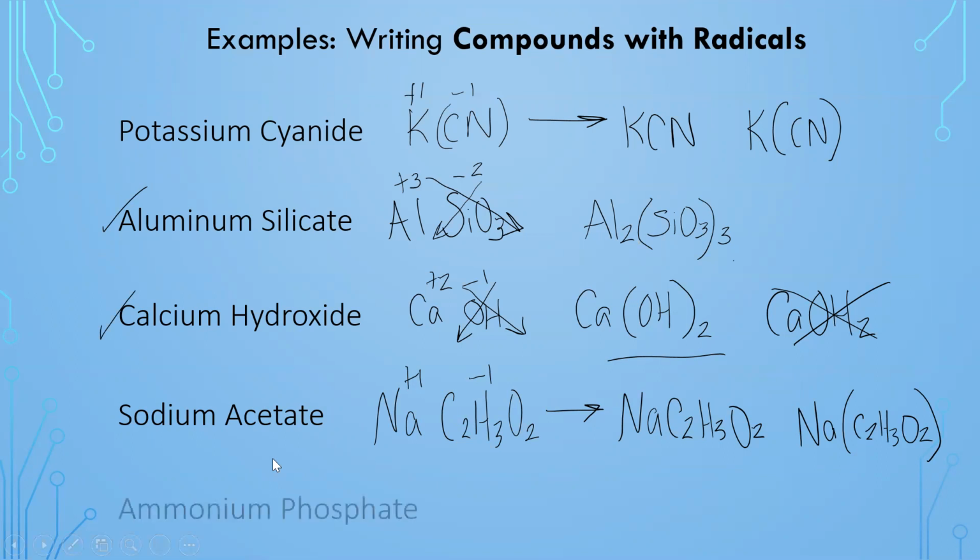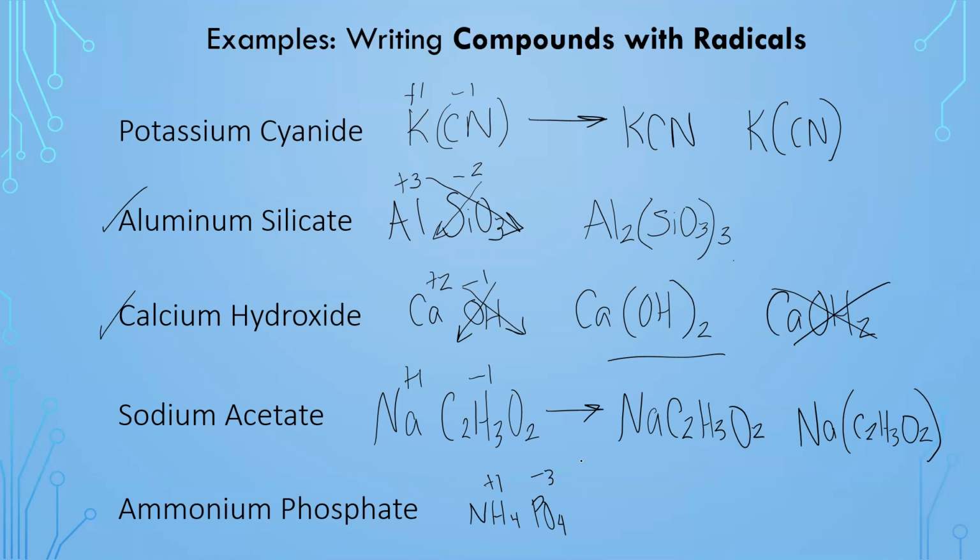All right, try one more together. Ammonium phosphate. So now we have 2 radicals, ammonium, which is NH4, charge of +1, and phosphate, which is PO4, with a charge of -3. So remember, I'm not looking at the charge of phosphorus and oxygen separately. This charge is from your radical sheet.